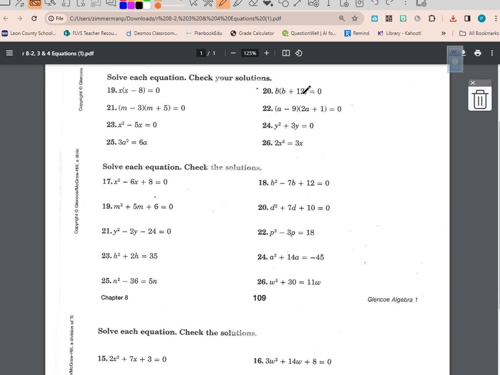Okay, so is this equation factored? It's set equal to 0 and factored. So what are we going to do? Solve it. How are we going to solve that? Look at your notes.